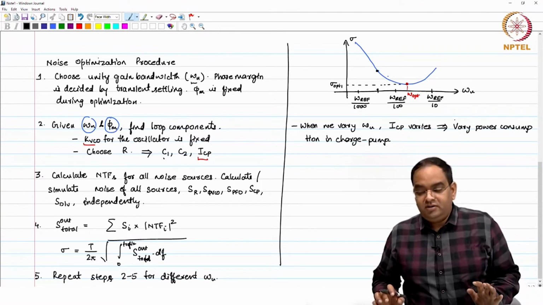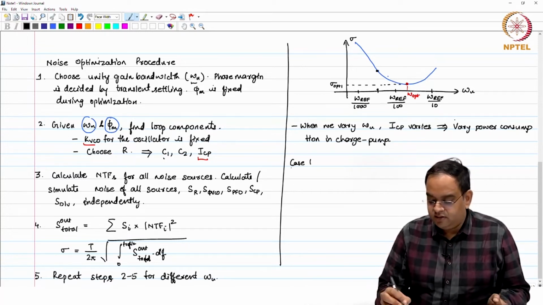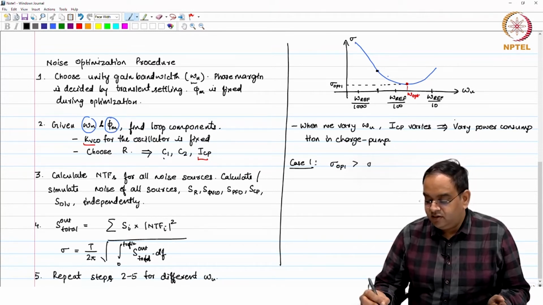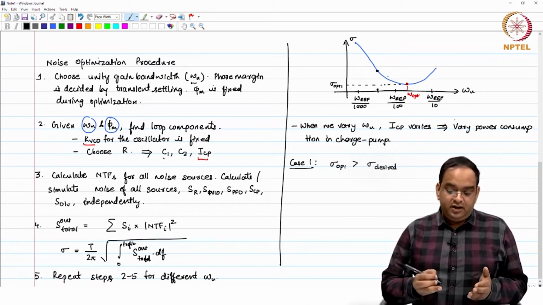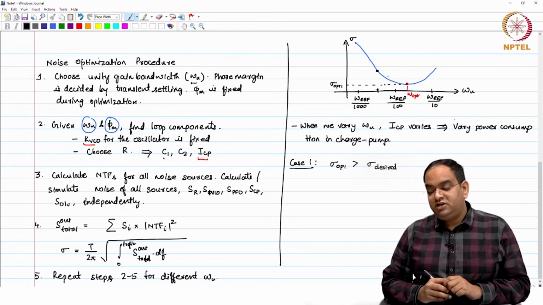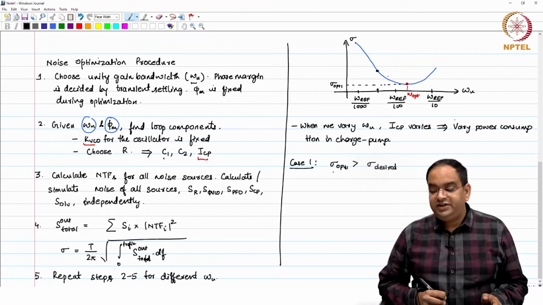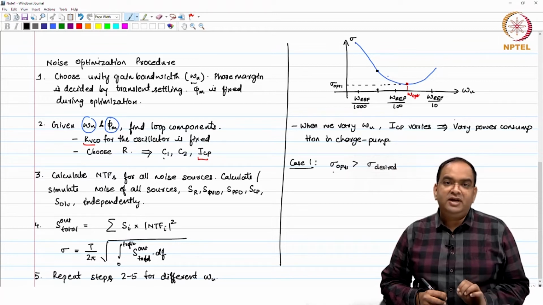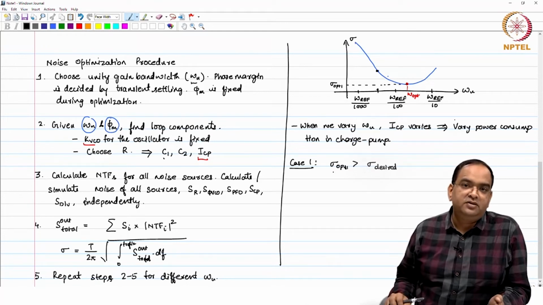Depending on what we have, let us say case 1, where sigma opt 1 is greater than sigma desired from the PLL. It can happen, because without calculating everything you do not know what jitter value you are going to have. If sigma opt 1 is greater than sigma desired, then for the desired jitter value you have to reduce the noise of components.